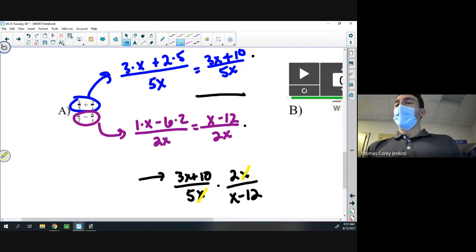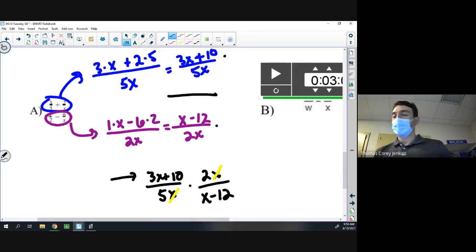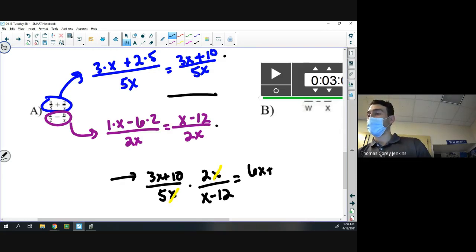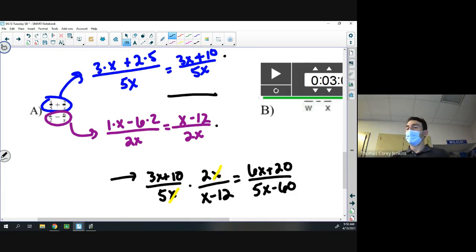Now I will go ahead and multiply straight across, and that should be my final answer. So 2 times 3x plus 10 is going to give me 6x plus 20, and then 5 times x minus 12 will give me 5x minus 60. So that is my reduced answer.